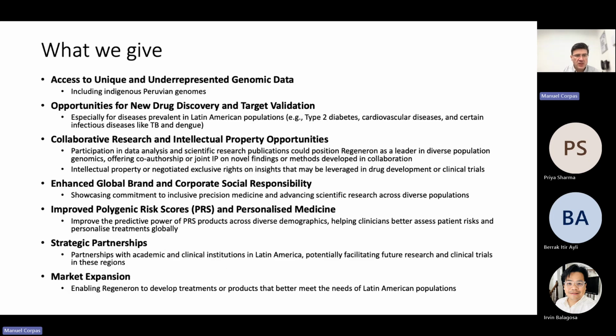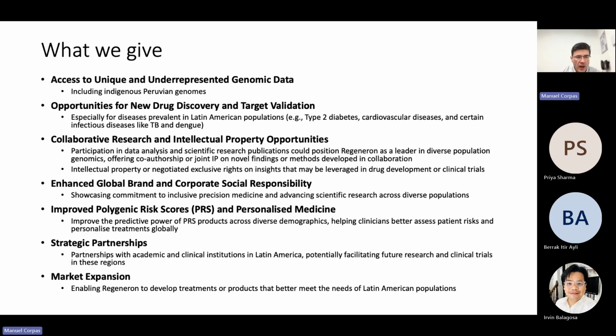So we give access to unique and underrepresented data, opportunities for new drug discovery and target validation, especially for diseases prevalent in Latin American populations, including type 2 diabetes, cardiovascular diseases, tuberculosis and dengue.